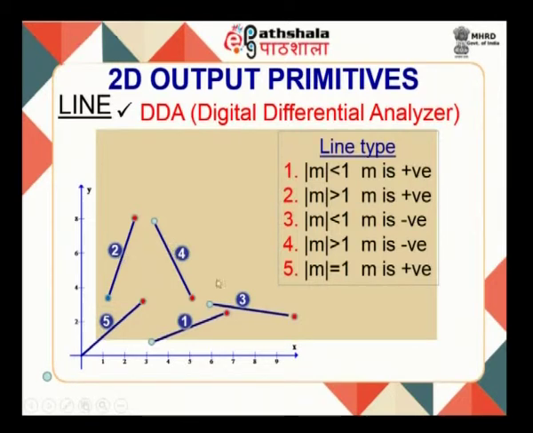But for line types 3 and 4, the slopes are negative, and the slope values are also less than 1 or greater than 1, as you can easily observe. These are the possible lines that we can imagine in 2-dimensional space. So, let us try to find procedures that can compute points along the lines of the various line types that we have just seen.